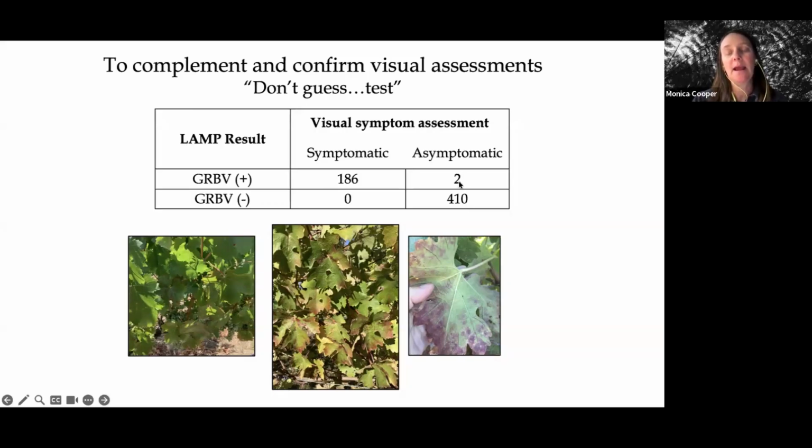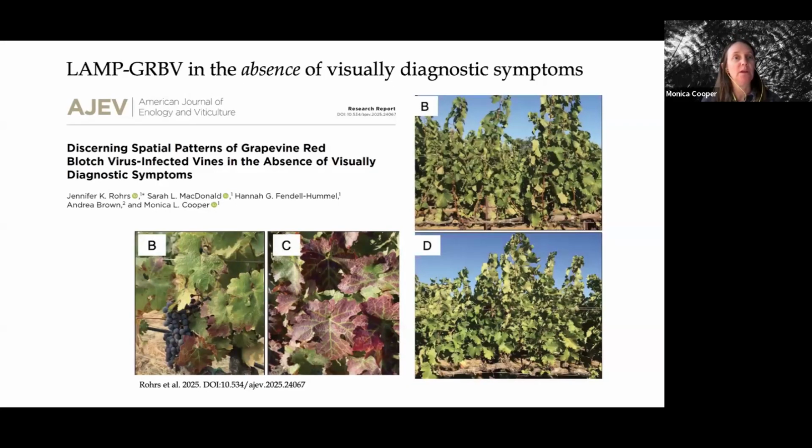We did have a couple of vines that were not symptomatic but were infected, and that's not uncommon. They were infected, but they didn't have visual symptoms yet, and we don't get a lot of vines that are symptomatic but do not test positive. So it's really great that we have pretty good alignment as far as that goes.